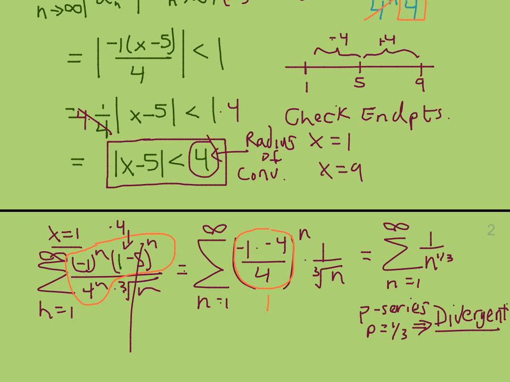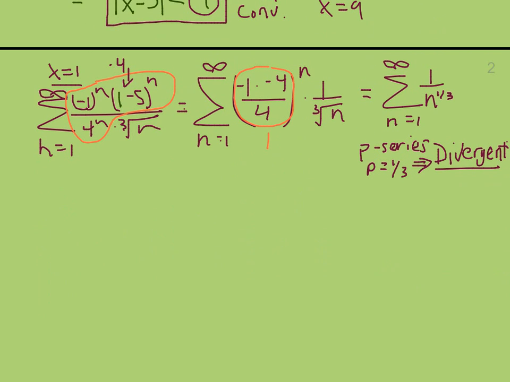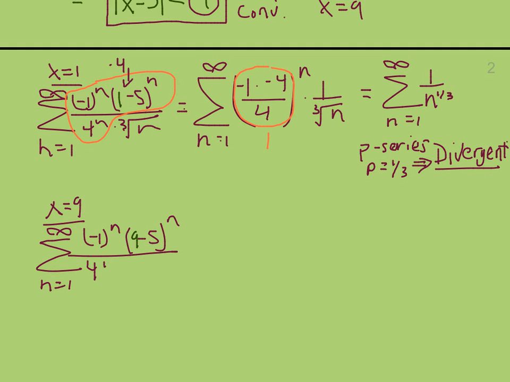When x is 9, we have the summation n equals 1 to infinity, negative 1 to the n, 9 minus 5 to the n, and the 4 to the n, and the cube root of n.